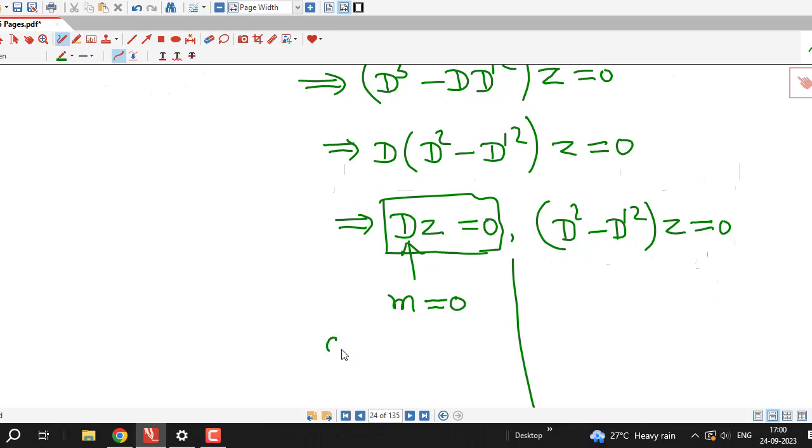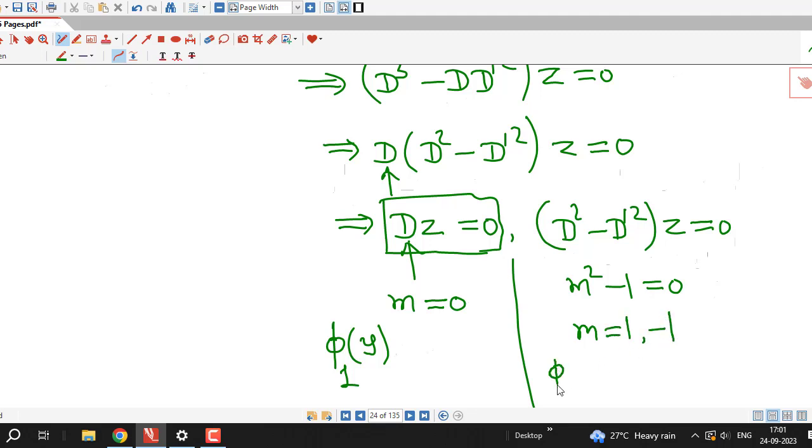The part of the solution corresponding to the value of m is written as an arbitrary function of y plus mx, and m is 0, therefore we have an arbitrary function of y, that is phi 1 of y, corresponding to this part D. And here we will write m square minus 1 equal to 0, that is m equal to 1 and minus 1.